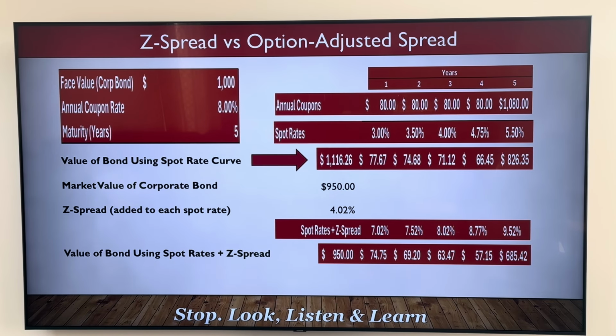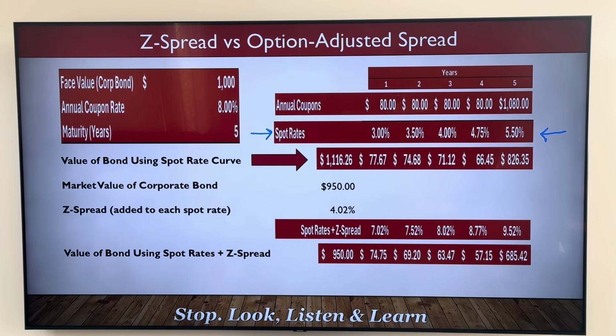Now, let's assume that we have determined what the spot rates will be via the bootstrapping process, and let's assume that the rates that are listed here are what the spot rates would be. So in other words, this would be the spot rate curve. If those are the spot rates, then what we would do is we would use those spot rates to discount the cash flows that this bond will produce.